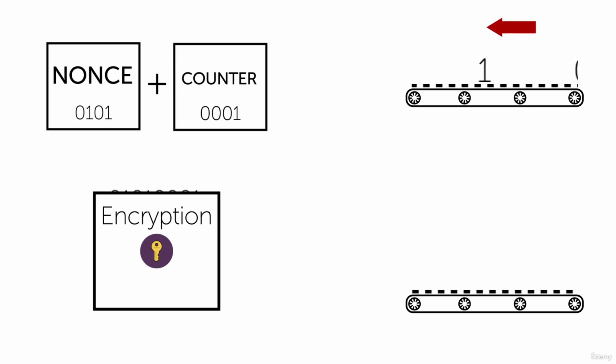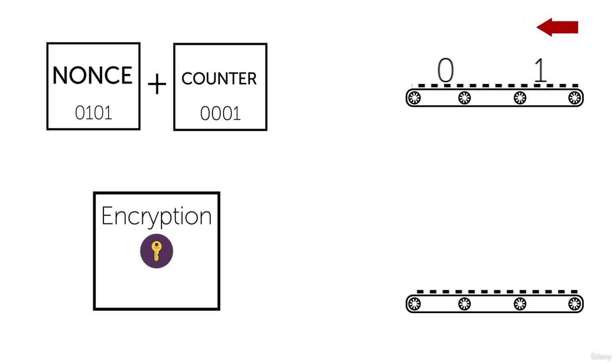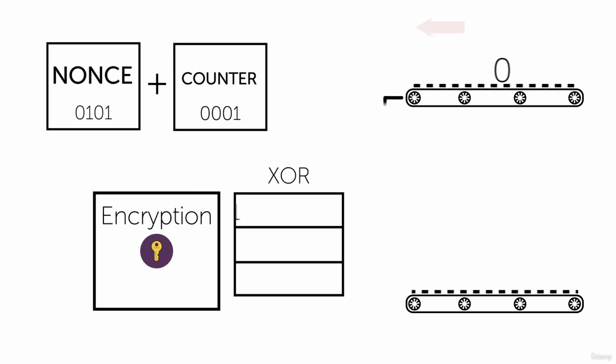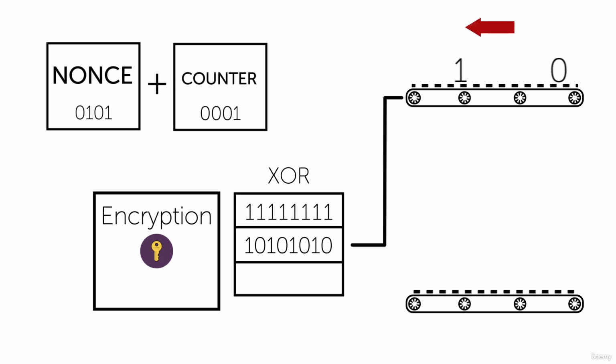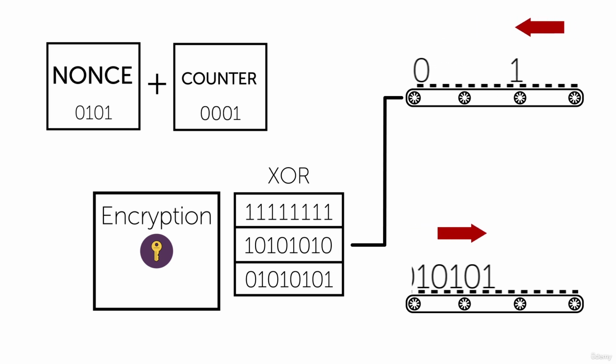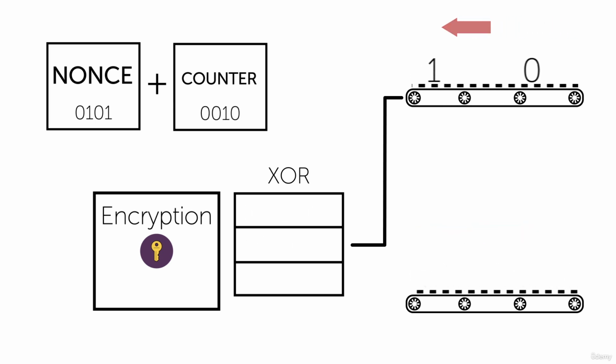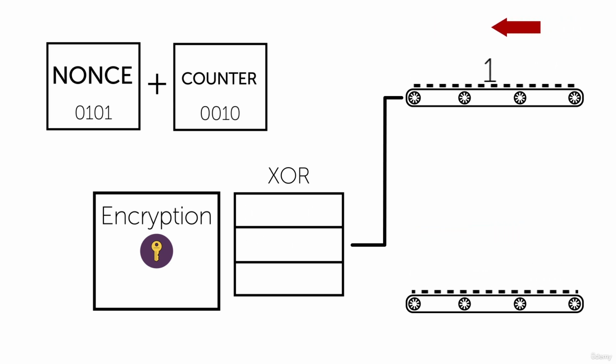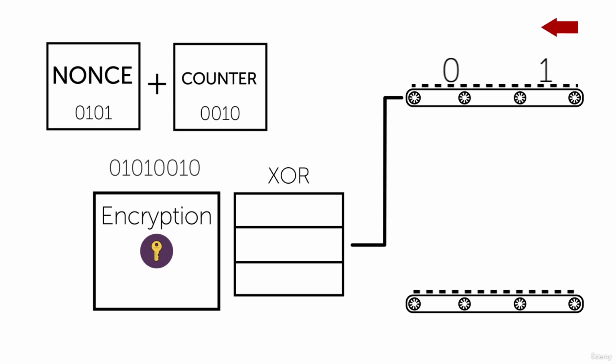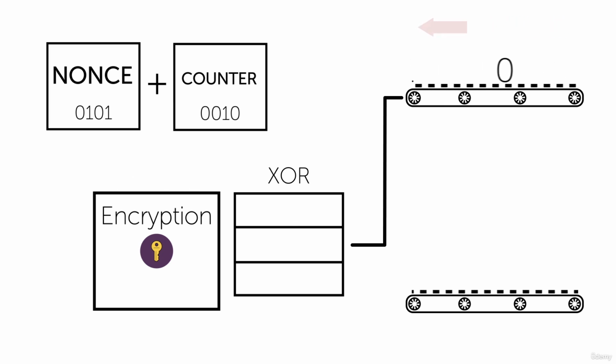We encrypt that, and then we take the first block of the plaintext and XOR it to create the first block of ciphertext. The next time we do this, all we do is increment the counter. So the counter gets incremented, we concatenate that to the nonce, we encrypt all that, and then we take that and output that to the second block.